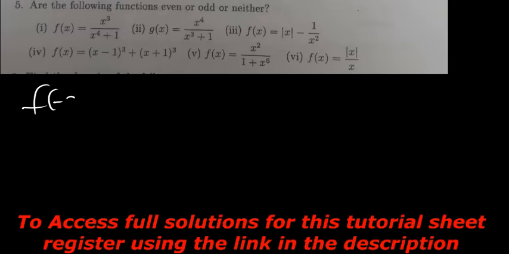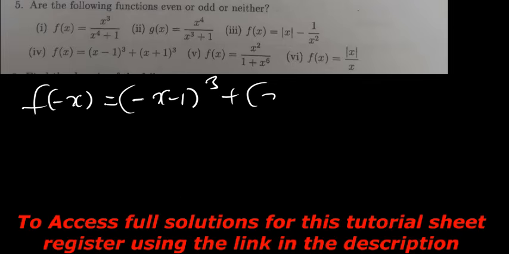Let's do part 4. F of negative x is going to be equal to negative. So what I'm going to do for this question, to make things simple for us, I'm going to plug in negative x minus 1 to the power 3.